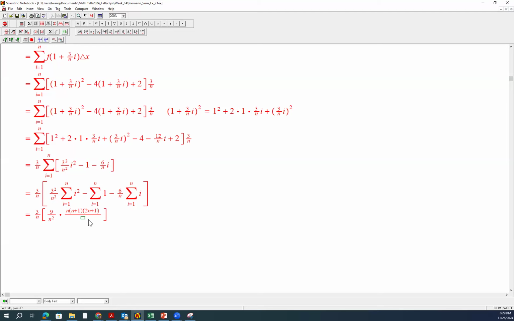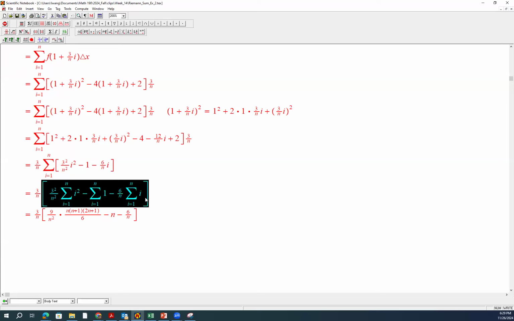The second one, this is just n. The third one is 6 over n, multiply the sum of the first n natural numbers, and that equals n times n plus 1 over 2.